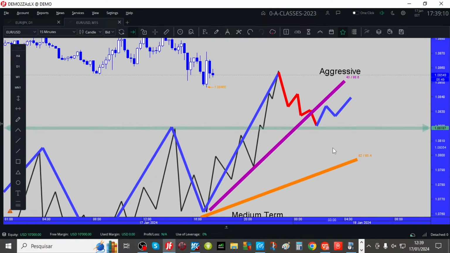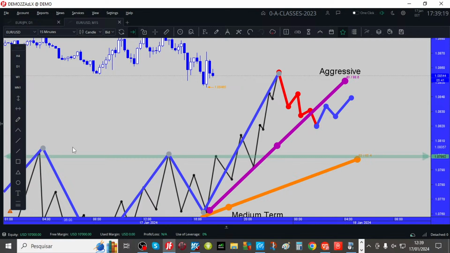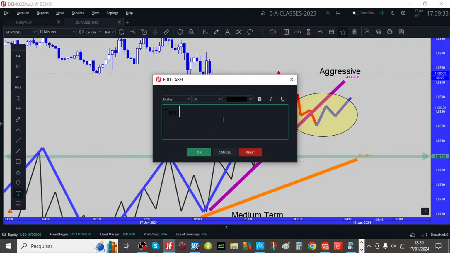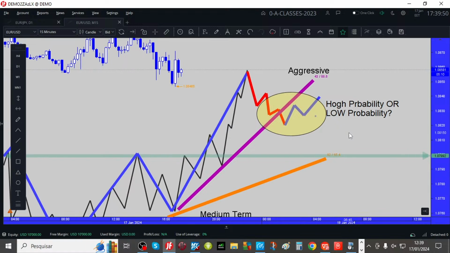If I have a change in the short-term trend and I do not have a pivot point or past support, would this be considered a high probability trade going long, or a low probability trade going long? Using the same logic. High probability or low probability. What do you think?